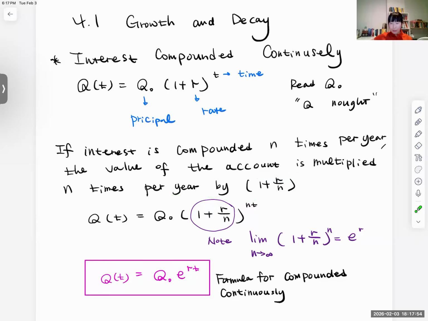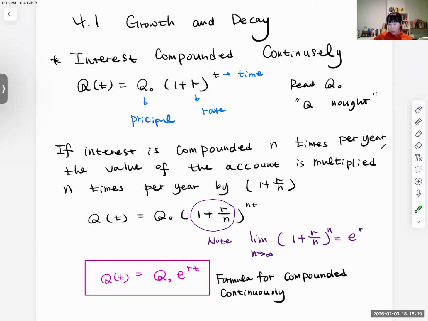Then instead of 1 plus r, we have 1 plus r over n. And we saw this one before in calculus 1. So we take the limit as n approaches positive infinity, then 1 plus r over n to the n will be e to the r.